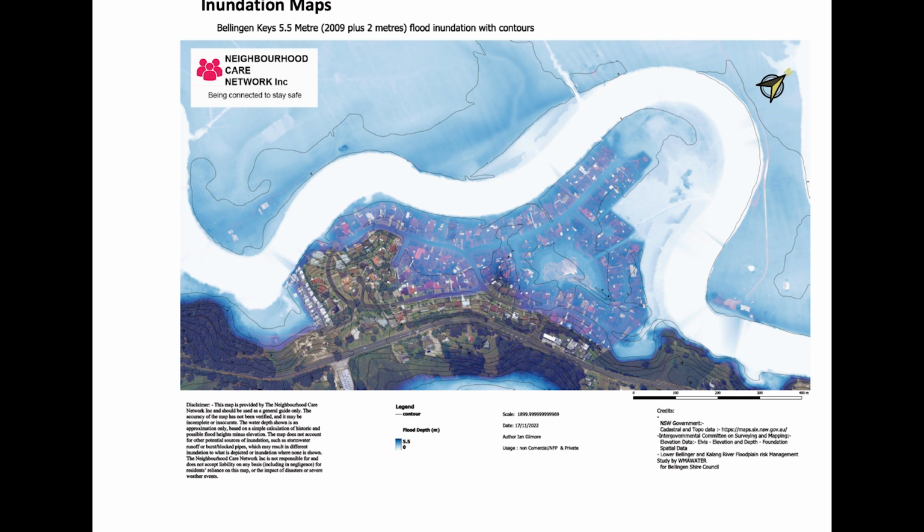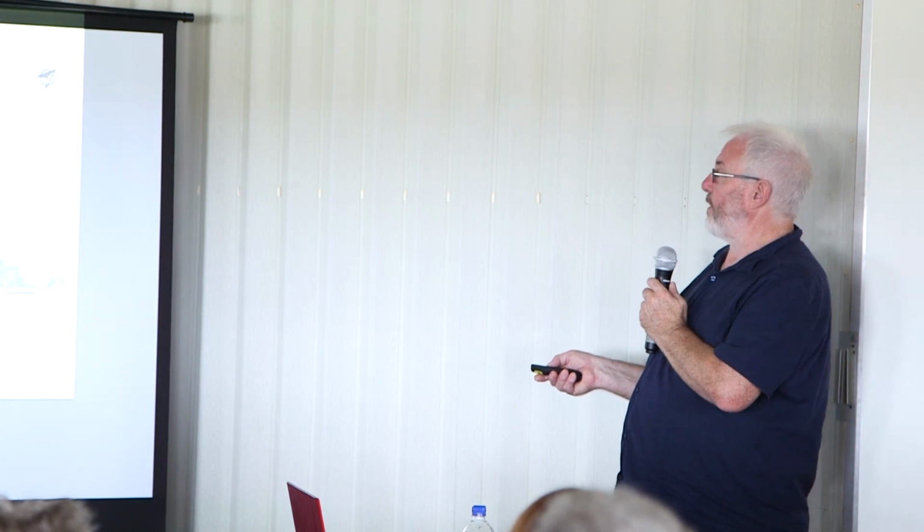Also on these maps I've put the contour lines. So these ones along the river are the 2 metre elevation line, and then as you come in there's a number of 4 metre ones, and it's about 4 metres where the access road into Bellingen Keys comes down off the old highway, Gilmore Way.